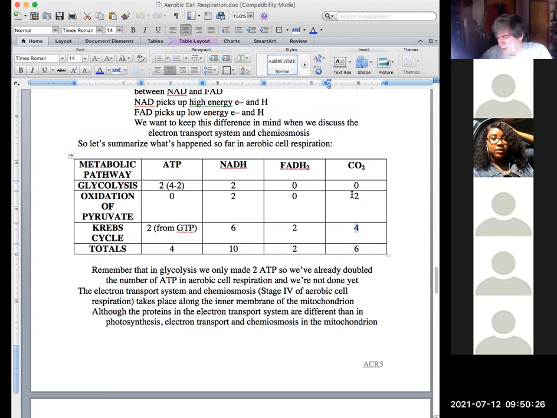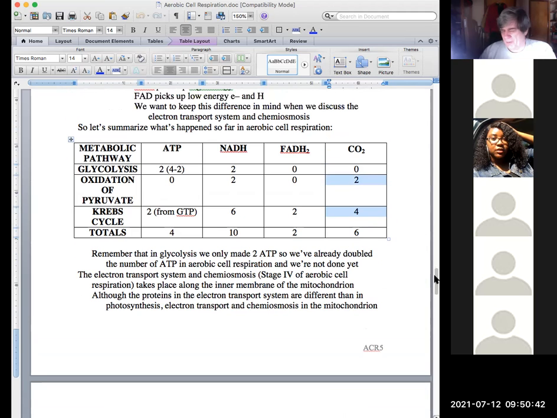So this accounts for all 6 of the carbons that originally were in our glucose molecule. So this is the carbon dioxide that you produce in your body that you need to exhale. This is where it comes from, this metabolic reaction. There are a few other things your cells can oxidize that make carbon dioxide, but this is the main one.